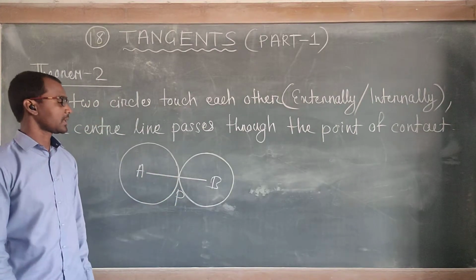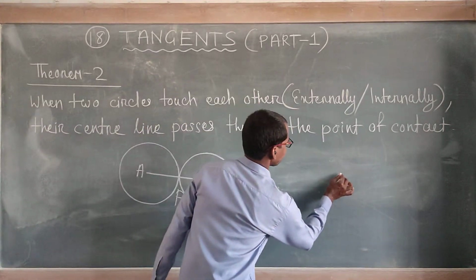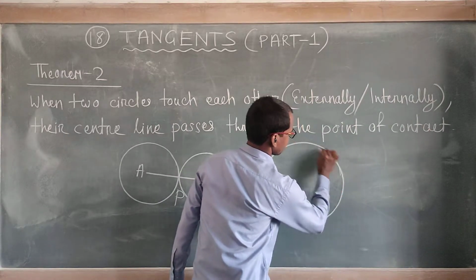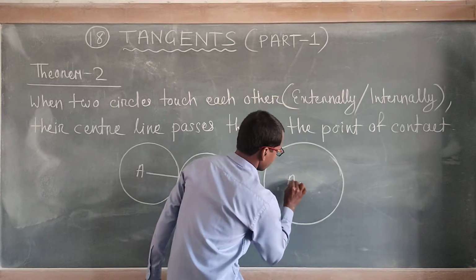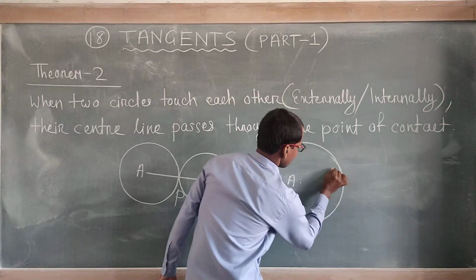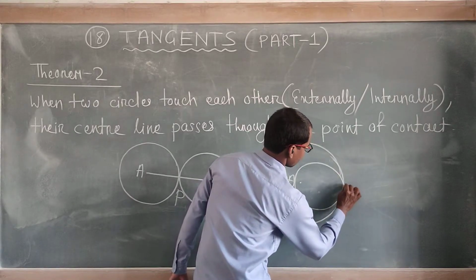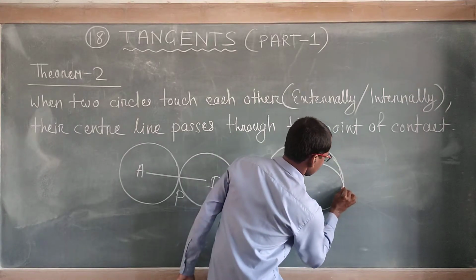So the central line AB is clearly passing through the point of contact P. This is the external case; the internal case is the same. Let the center be A. This is not an accurate circle, no problem.